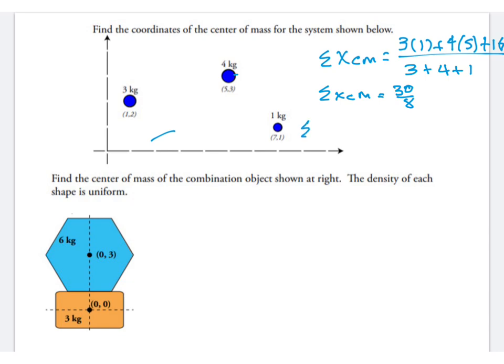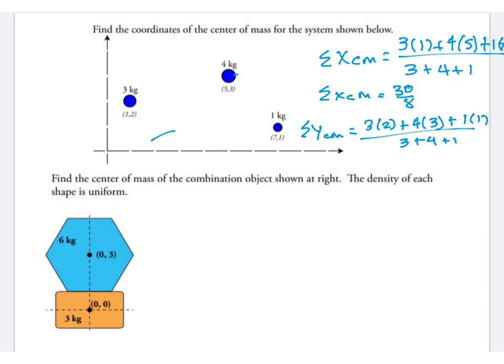Hope so. If you were going to find your y center of mass, you would take the y coordinates. So 3 times 2 plus 4 times 3 plus 1 times 1, all divided by 3 plus 4 plus 1.